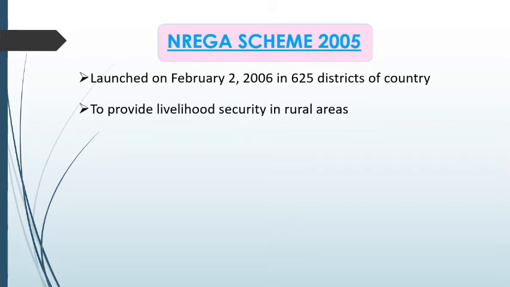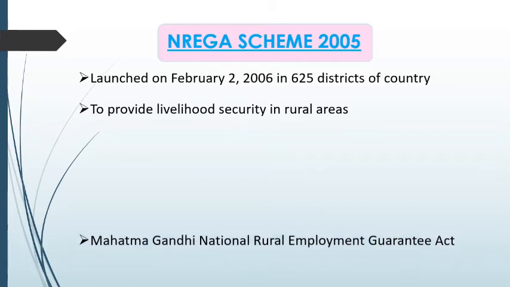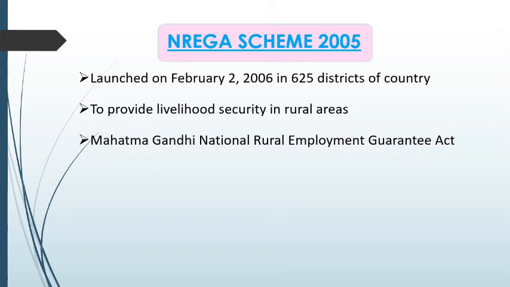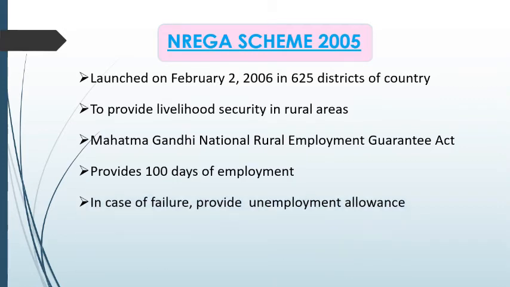Later on, it was renamed as Mahatma Gandhi National Rural Employment Guarantee Act. The objective of this scheme was to provide 100 days of employment to every rural household. In case the government fails to provide employment, there is a provision of unemployment allowance. This is why it is also called the right to work.